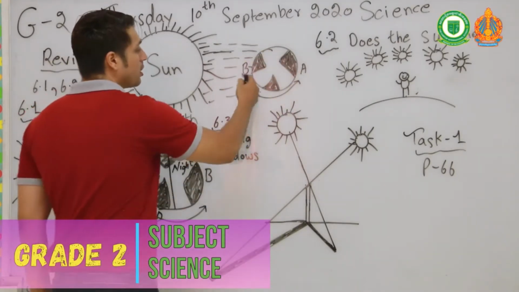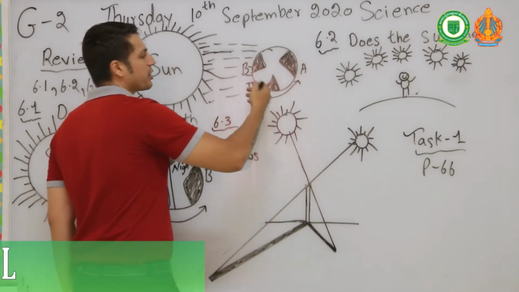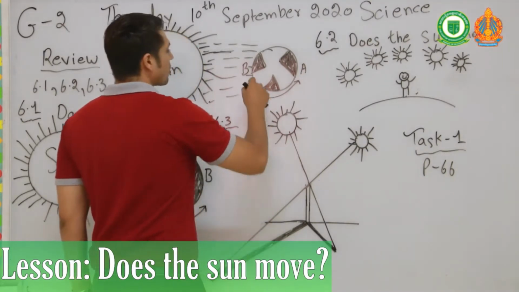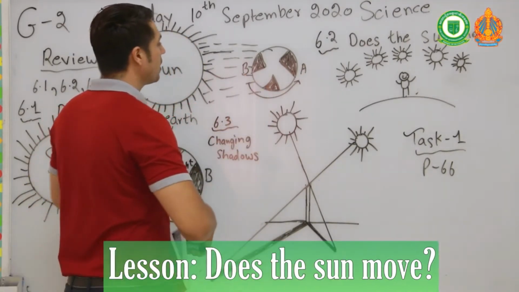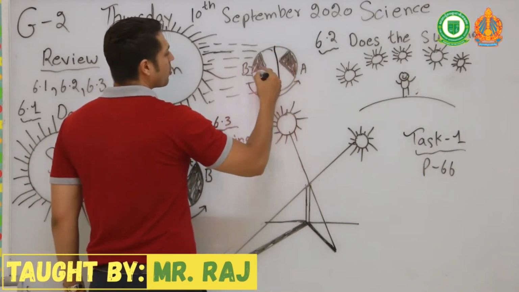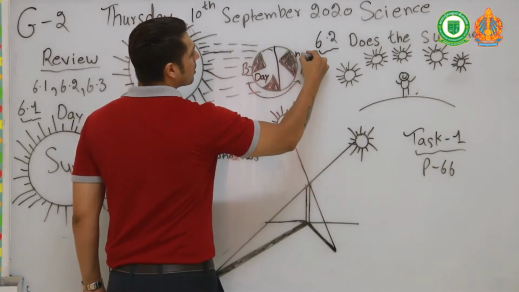As usual it's a regular rotation, so it has spun on its axis. Now you can see the B part has daytime, and now the A part has nighttime.